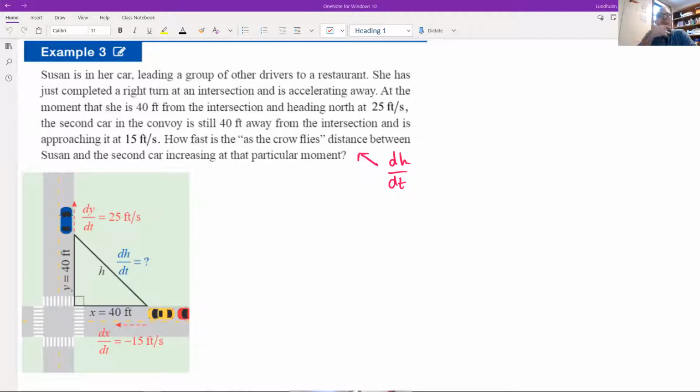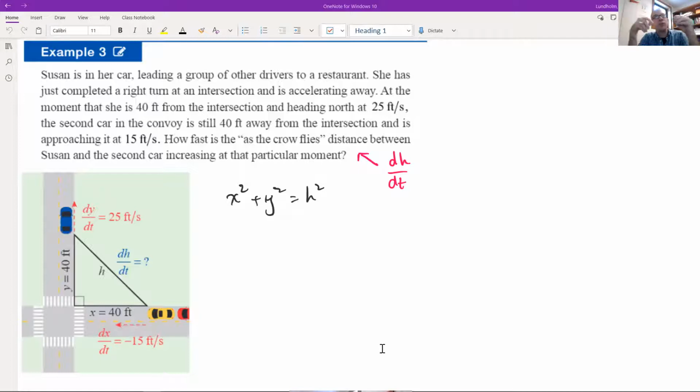In order to solve this problem, what we really need is an equation that relates the sides of a right triangle. So the Pythagorean theorem makes sense. We'd have x squared plus y squared equals h squared, because x is this distance, y is this distance, h is the hypotenuse. And in order to get the derivatives with respect to time in there, we're going to take the derivative of everything with respect to time.